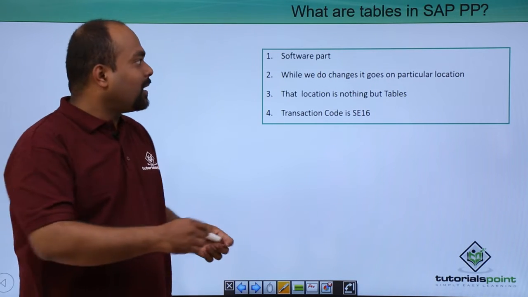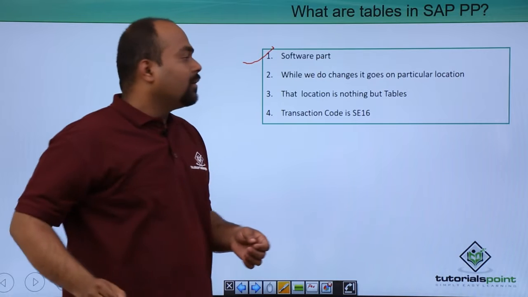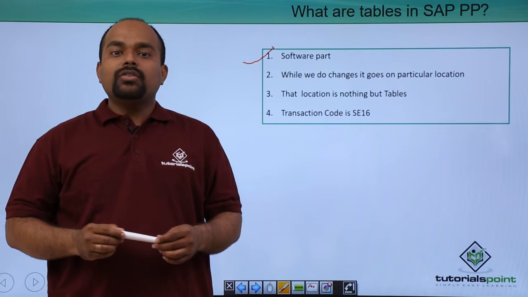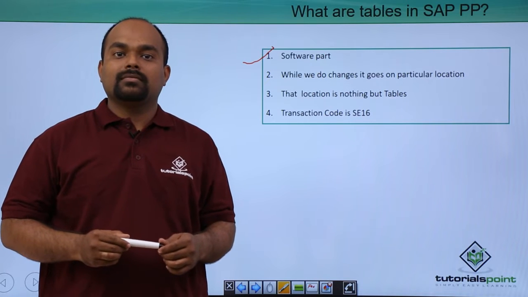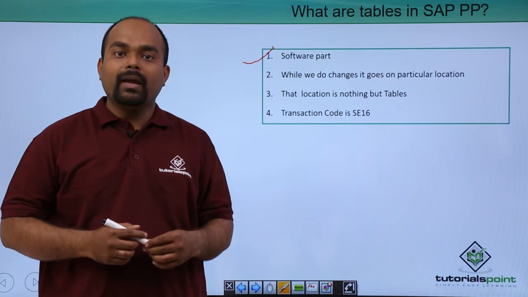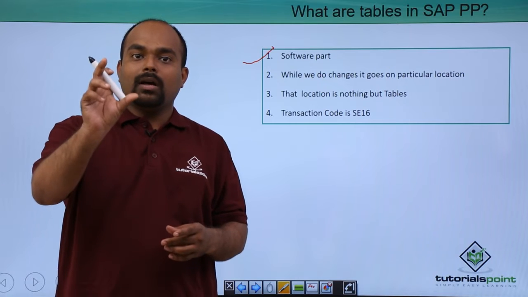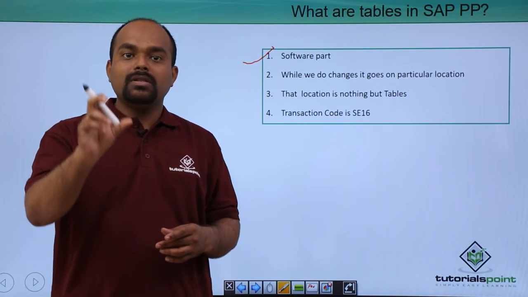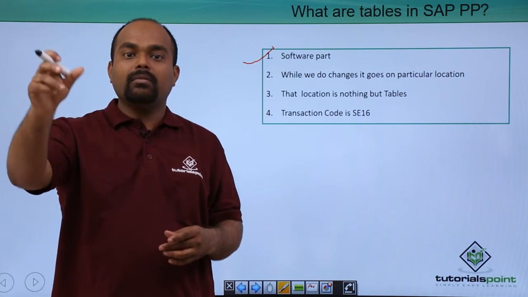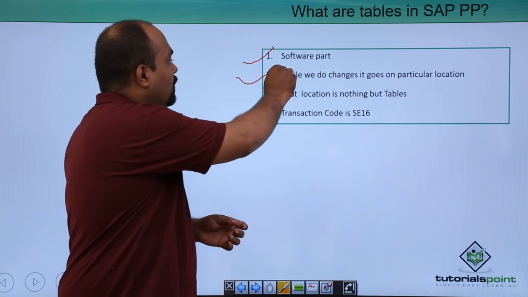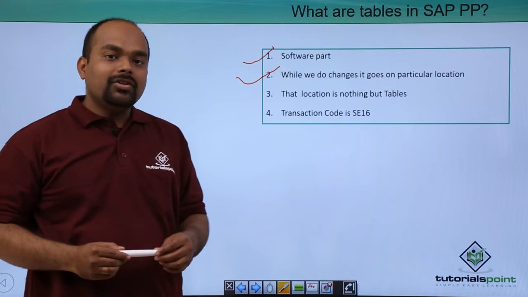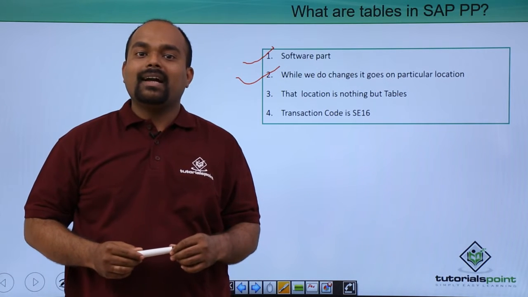While we make changes, the data goes to a particular location. As we discussed, if you create a particular material, it goes to a particular table and is saved there. So that location is a table.